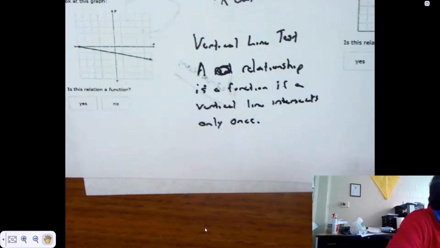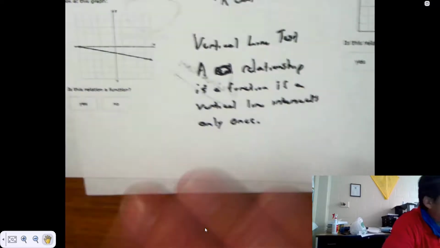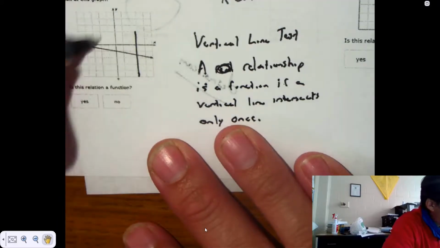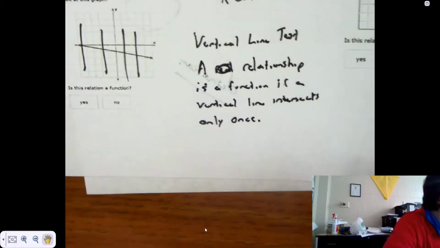Because if it hit twice or 3 times, x would be cheating on a y value. And these are all like yes/no questions. Is it a function? Yes, no. It's pretty simple. It gets a little harder where you have to pick out which one is a function, but it's pretty simple. So if I was to imagine myself drawing vertical lines on this example right here, would it be a function?